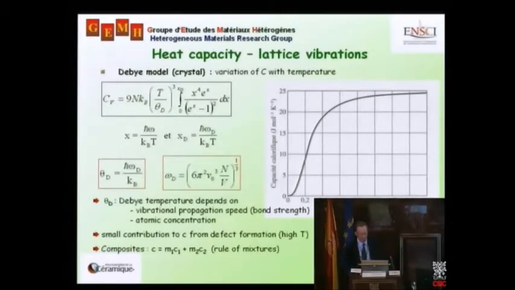So heat capacity is determined by lattice vibrations, and then you should also consider that you can have a small additional contribution coming from defects which form at high temperature, but this would only increase the heat capacity by 2 or 3%, maybe at 700 degrees Celsius. So the nanoscale formation of defects would be a small effect.